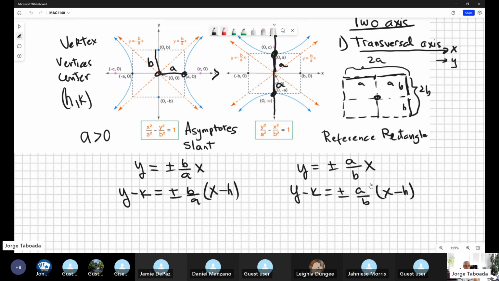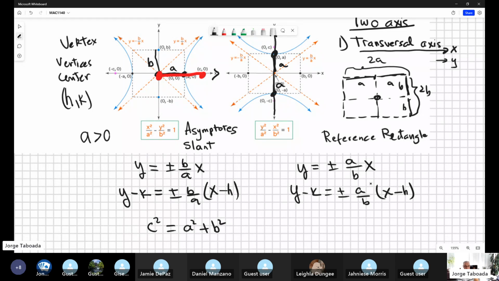But c is from the center to the focus. The focus is this distance, the focal distance, and in this case it is bigger. The relationship between these quantities a, b, c is c squared equals a squared plus b squared.